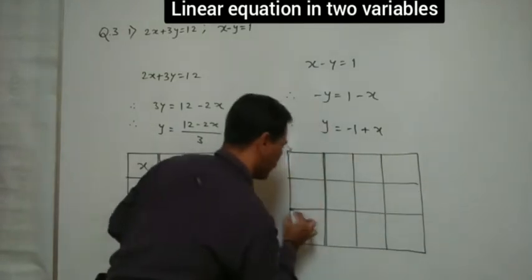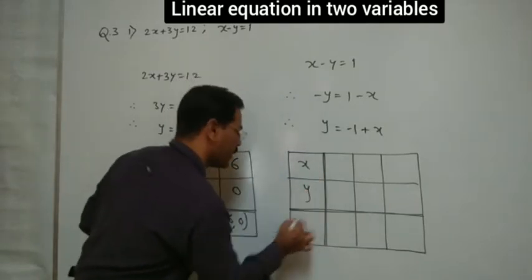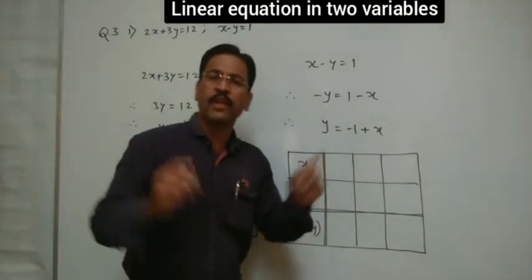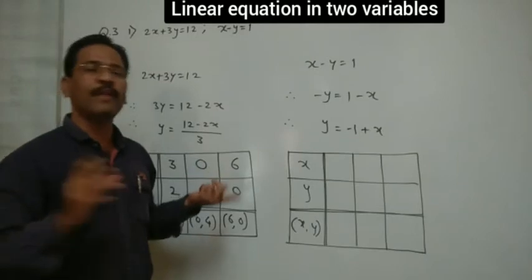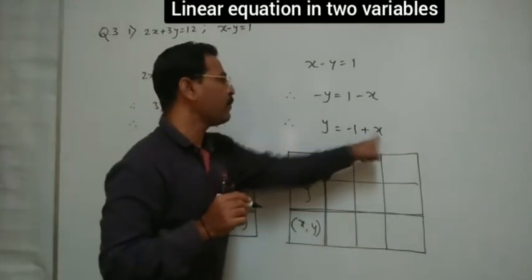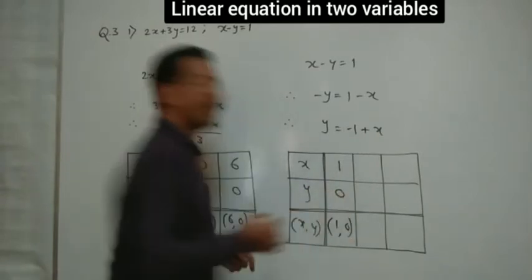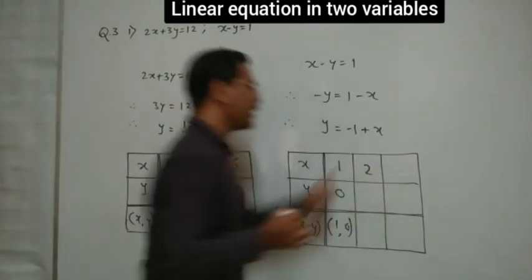Whenever the equation is in this form, you can put any value of x. First, I'll put the value of x as 1. What will we get? Minus 1 plus 1, so it becomes 0. Next, I'll put 2.